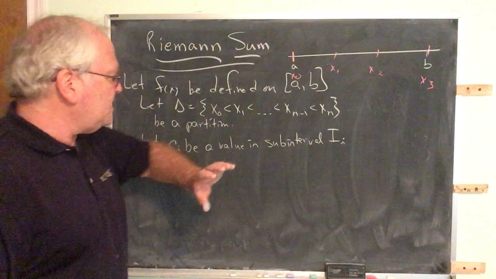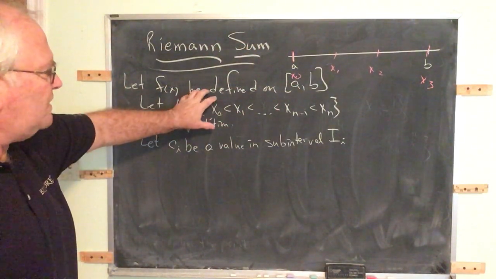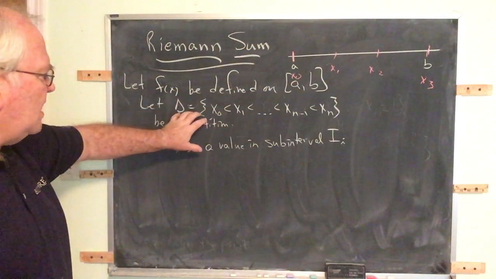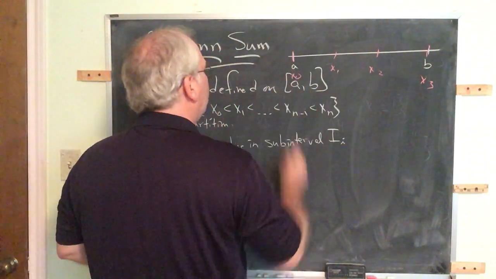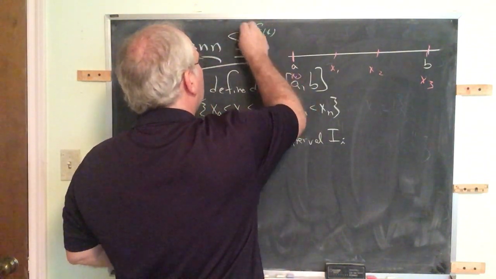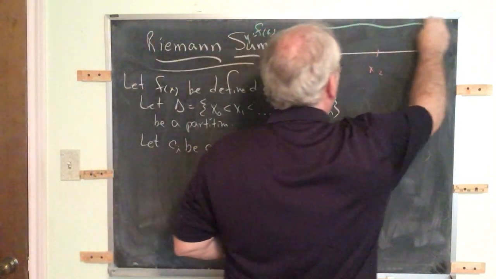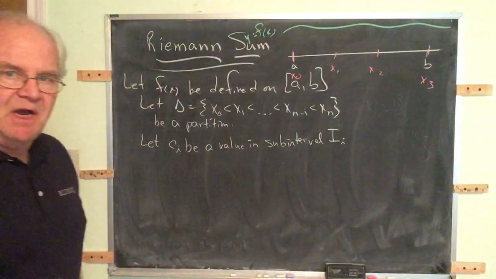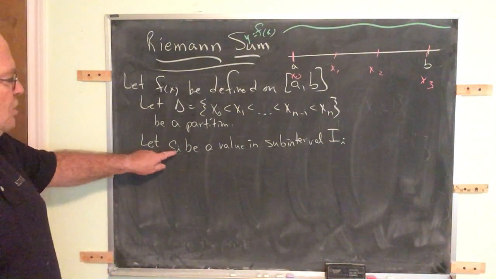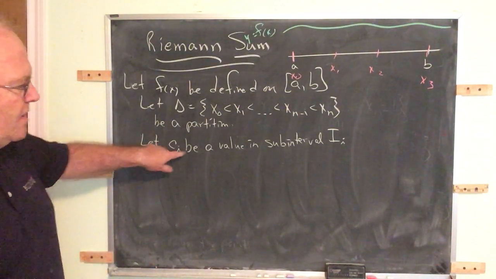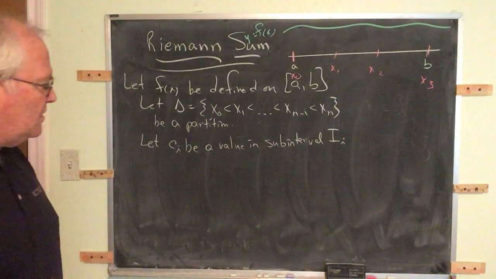So this is a function. So I have a function defined. I have a partition, and here's my function, f of x. Let's throw my function in green here. So we have some function defined up above the axis. All right? We choose a value in each of the subintervals.